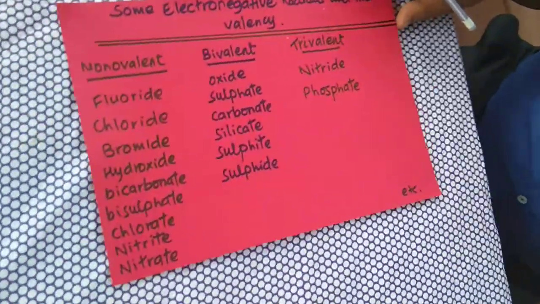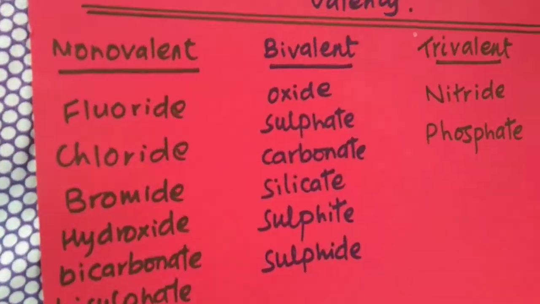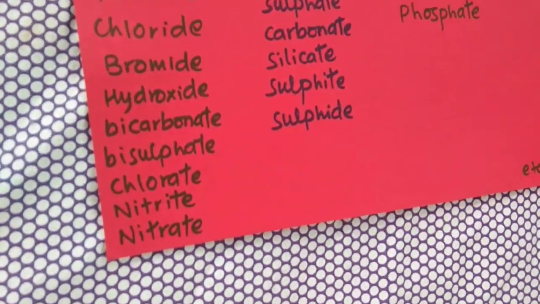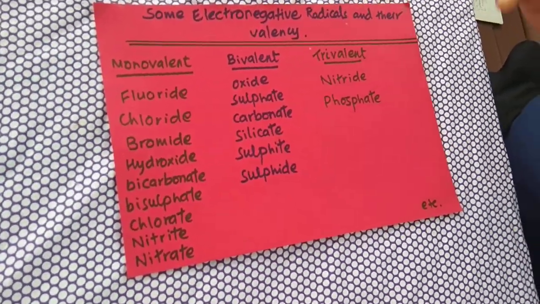In the same way, let me describe the valency of some electronegative radicals. For example, monovalent: fluoride, chloride, bromide, hydroxide, bicarbonate and so on.